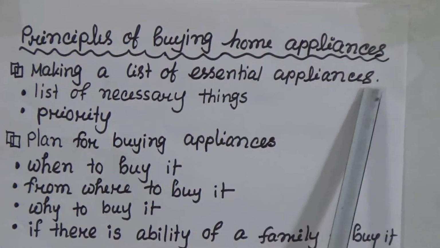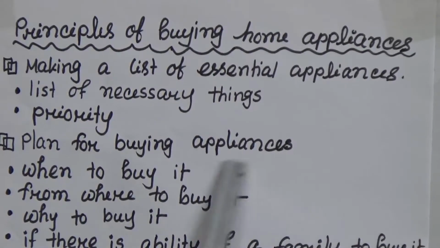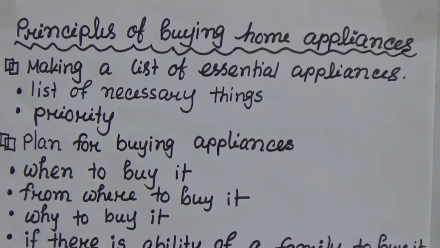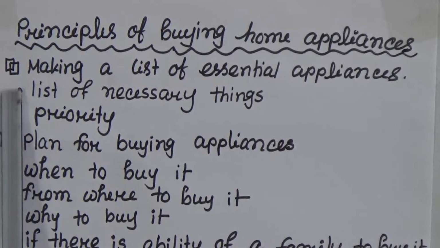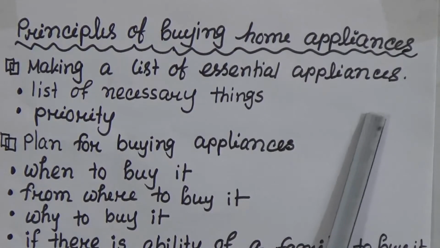Now, this is principles of buying home appliances. Okay, that means for buying these appliances, buying these things, we have to maintain some things. Okay. The first step is making a list of essential appliances.